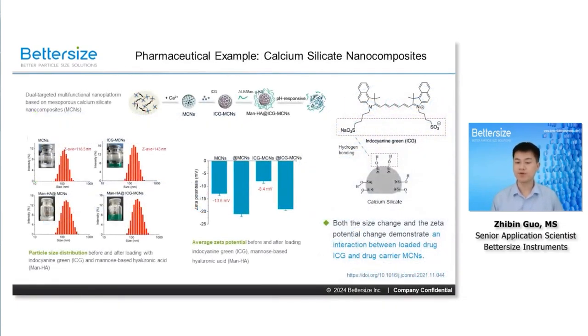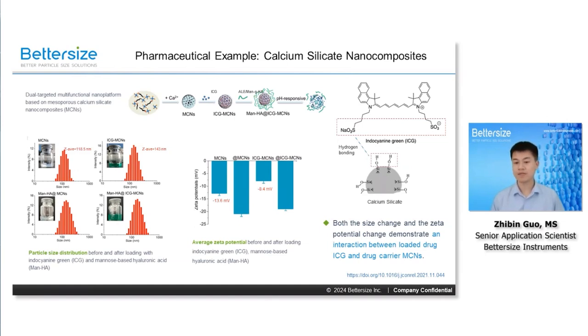This example shows an application of calcium silicate nanocomposite, abbreviated as MCN, as a drug delivery system, and specifically after being loaded with indocyanine green, ICG. MCNs are advanced materials that combine calcium silicate with nanoscale reinforcements, enhancing their properties and performance.